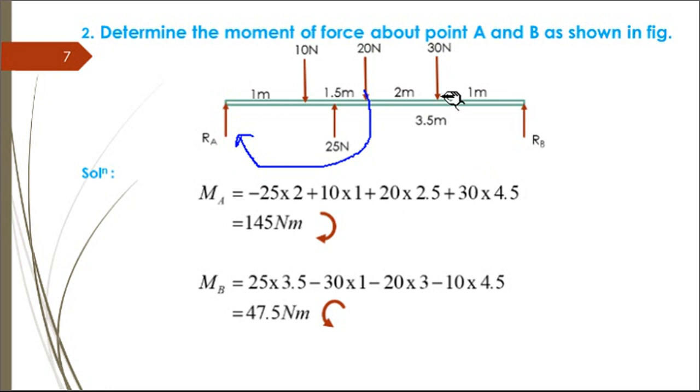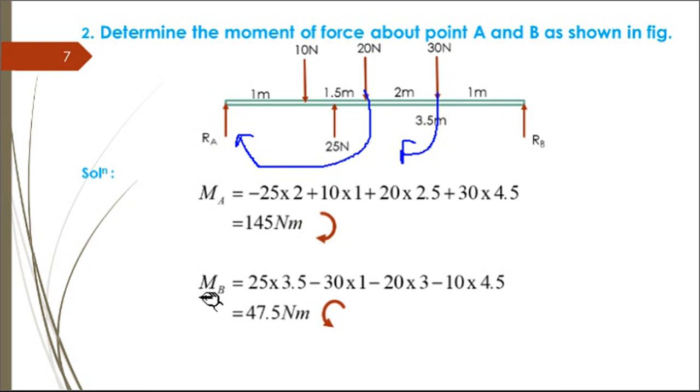Next again 30 Newton, perpendicular distance from A is 1 plus 1.5 plus 2, that is 4.5. Again it is moving in the clockwise direction about point A. So solving this, finally we get 145 Newton meter, a positive value, that is in the clockwise direction.